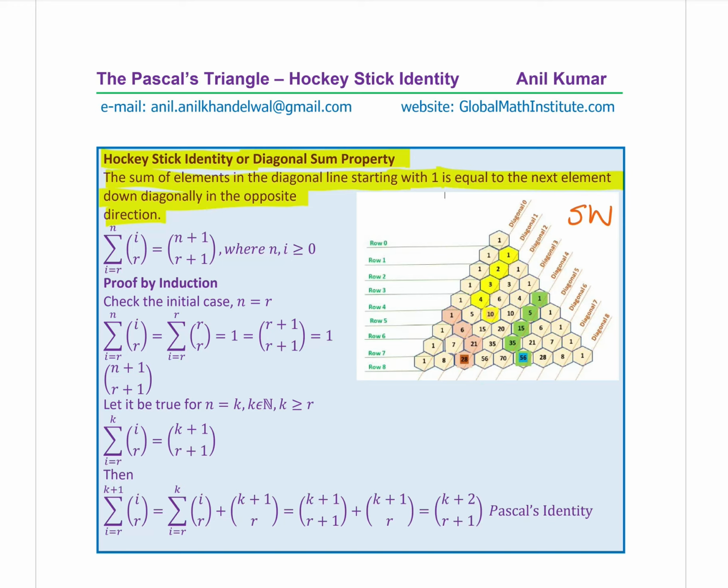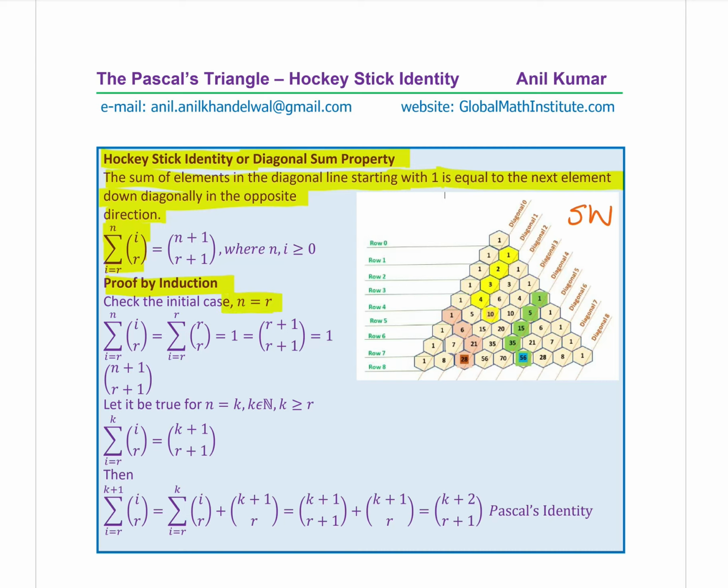Right. So we need to prove that the sum of iCr when i changes from r to n is n plus 1 Cr plus 1. Perfect, where n and r are both integers greater than or equal to 0. We'll again prove by induction. So initial condition is, in this case, i equals r, right?